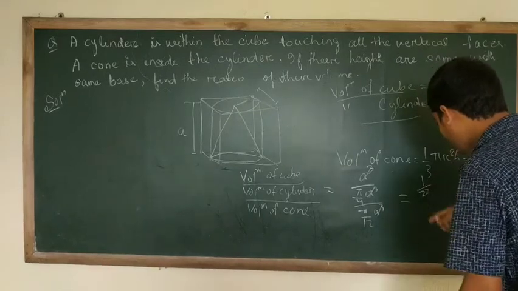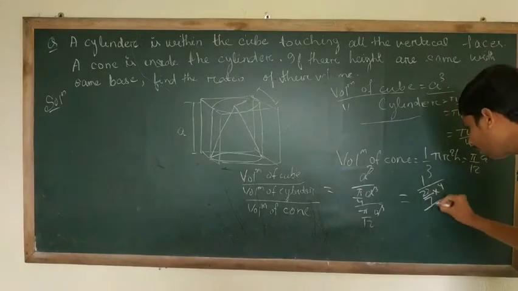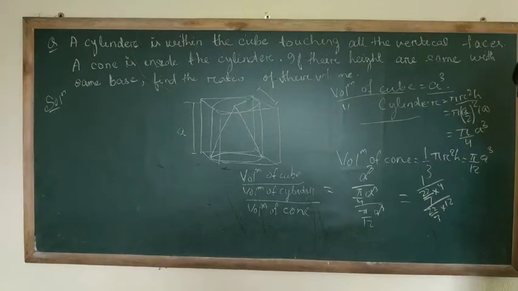The value of pi is 22 by 7 into 4 by 22 by 7 into 12. Okay, so the ratio will become how much? Let's multiply it with 7, so 7 by 88 by 22 into 12.